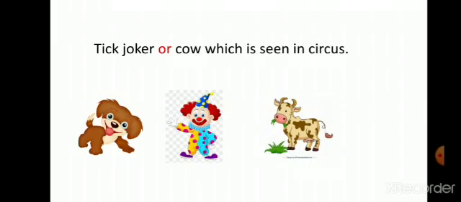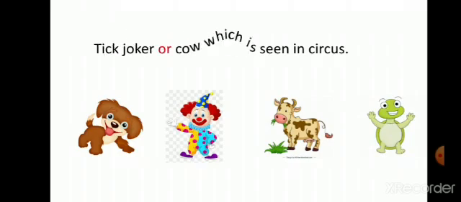Come on, tell me. If we say circus, we click the photo of that. Who is that? Joker or cow? Joker. Or what? A frog. Come on, guess. Yes, that is a joker.